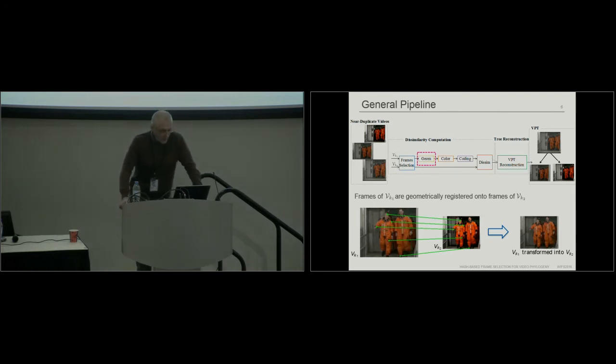And therefore, we have a pipeline of three steps in which at first one of the two objects, in this case the object named K2, is geometrically registered on the other one, considering the keyframes that have been obtained.